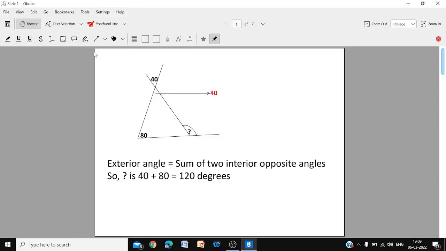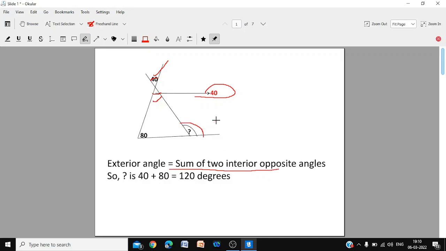So first question was, this was given 40 degrees. So automatically when this is 40, this will be 40. Why? Vertically opposite angles. These two are vertically opposite angles. So this is 40. And the external angle is equal to the sum of two interior opposite angles.